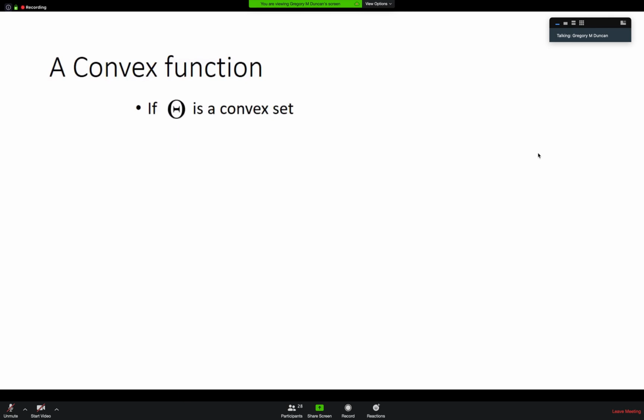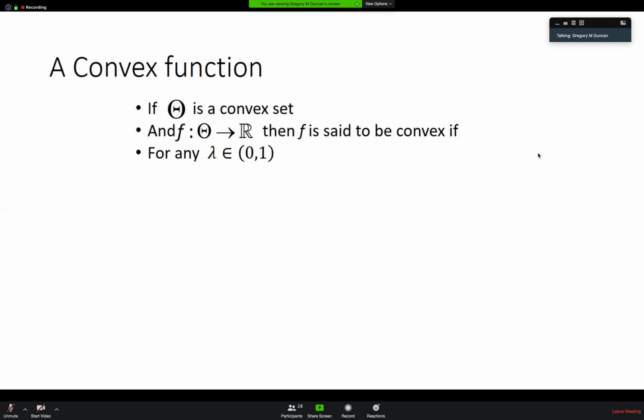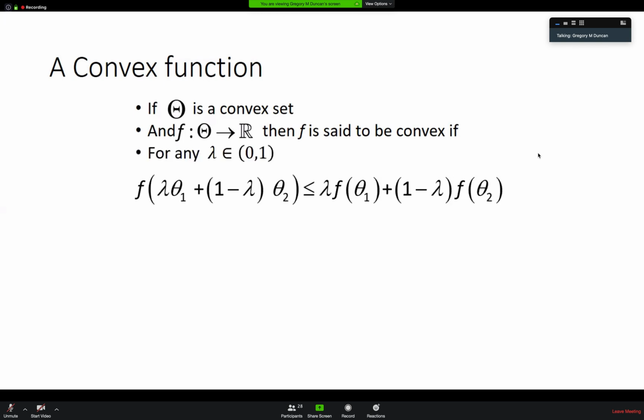Convex functions. Okay. So if theta is a convex set, and if f takes theta into R, so let's say f is a function of 2 variables, and it maps things into R, then f is said to be convex if, for any lambda, the following is true.